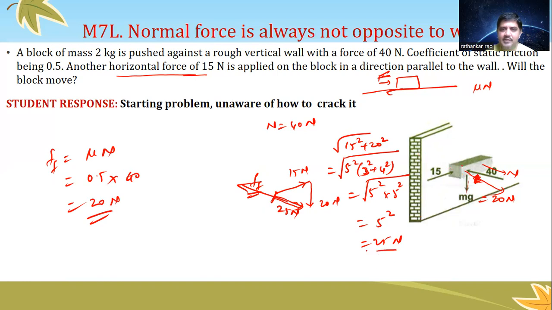But here, it is 25 Newton. Your applied force itself is 25 Newton. What happens? The block definitely slides. It's all about how to look at a problem. It is not something very tough, IIT level, nothing like that. Every problem is easier. You should know how to crack it.